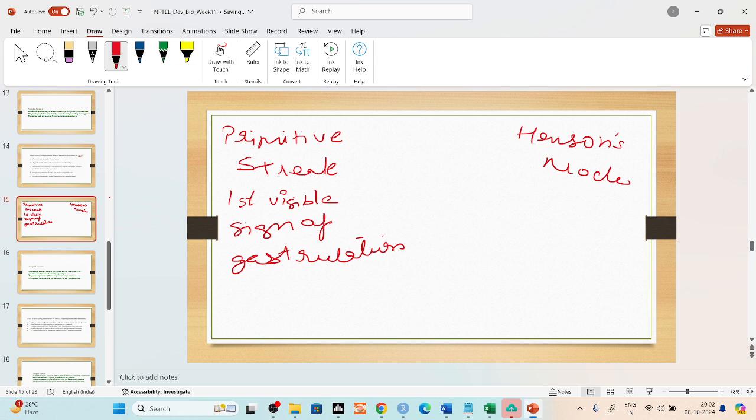All the axes are defined. It is the first visible sign of gastrulation. And Hensen's node: at the anterior end of the primitive streak, there is a regional thickening of cells which is known as primitive knot or Hensen's node.